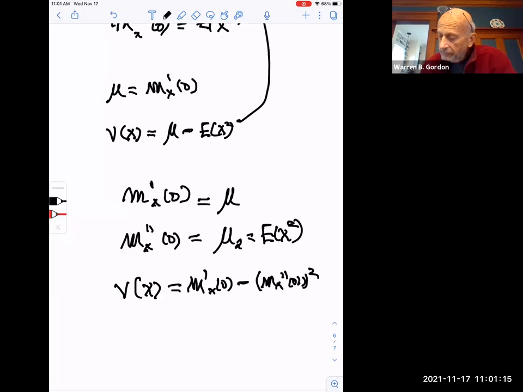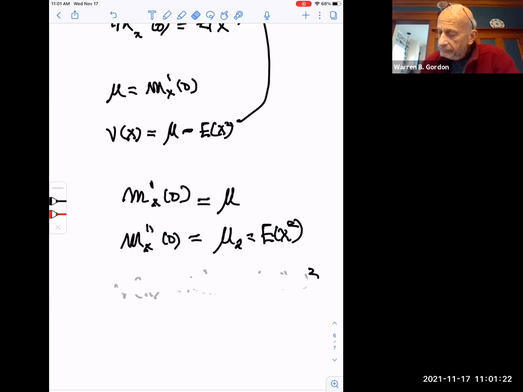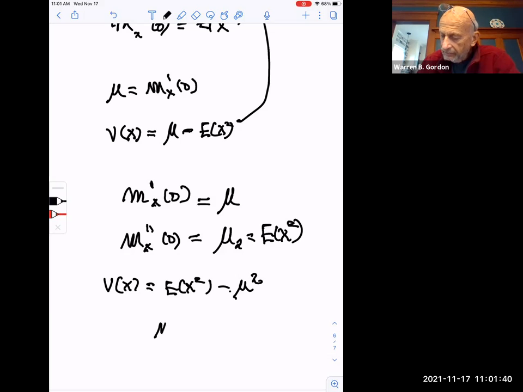Oh, this is wrong. Wait a second. So V of x therefore is equal to E of x squared minus the mean squared, or m double prime of 0 minus mu squared.